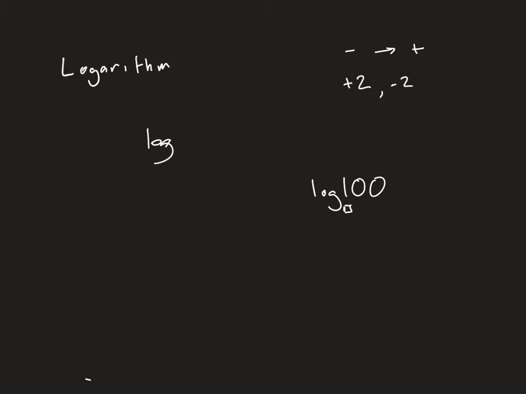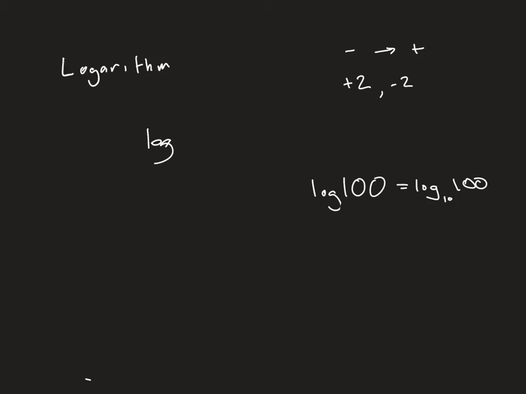Well, when we don't see one in the bottom, in math, we just assume that it's 10. So in this case, log 100 is really the same as saying log base 10 of 100.